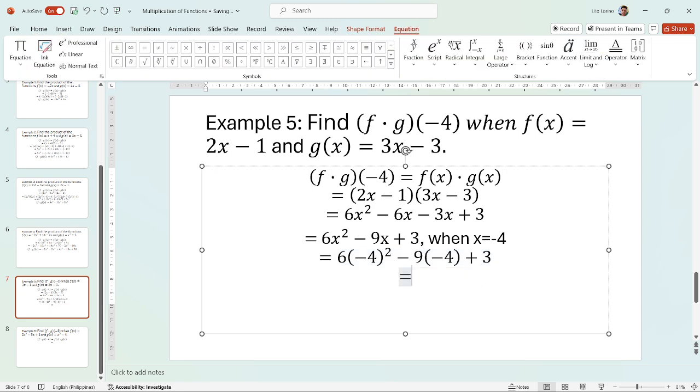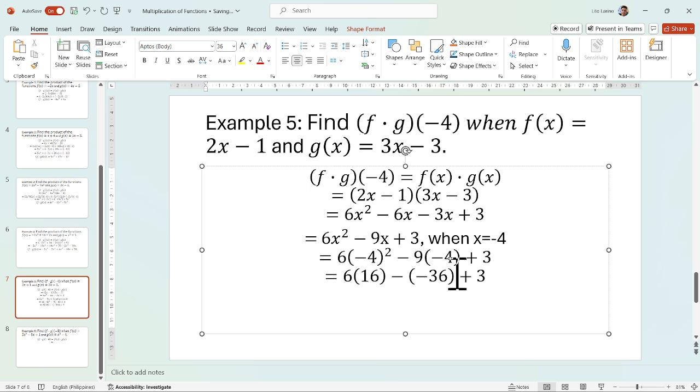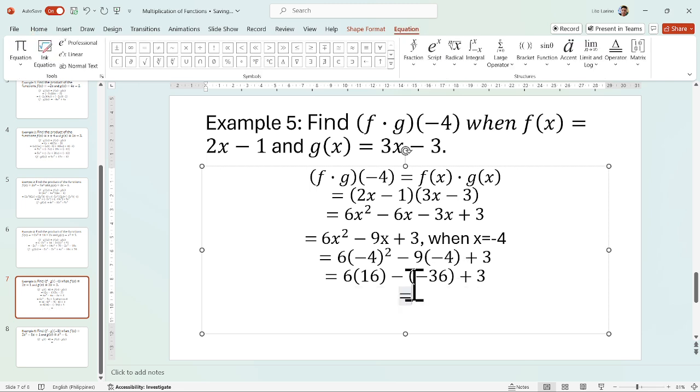Negative 4 times negative 4 is positive 16. Then minus 9 times negative 4 is negative 36. Then plus 3. And 6 times 16 is 96. So we have 96 minus negative 36, plus 3. Then we do keep change.